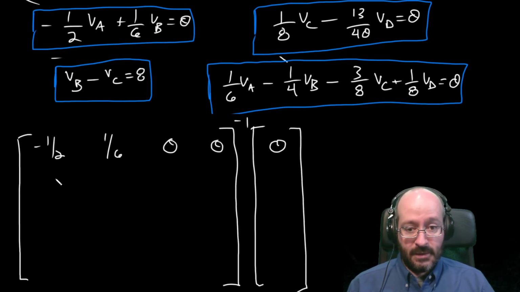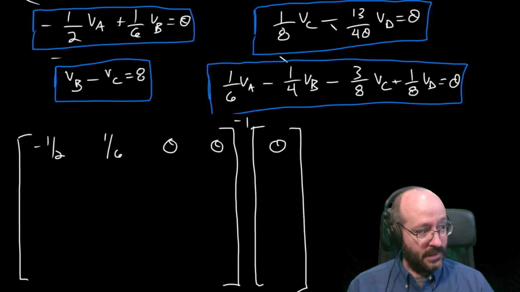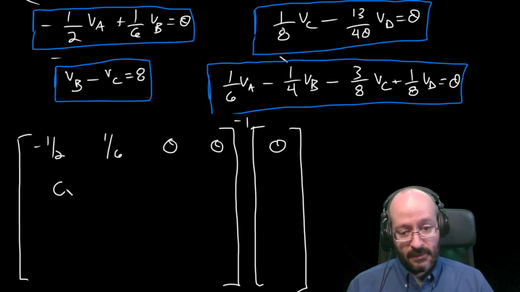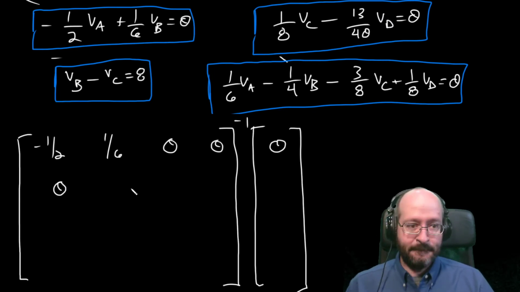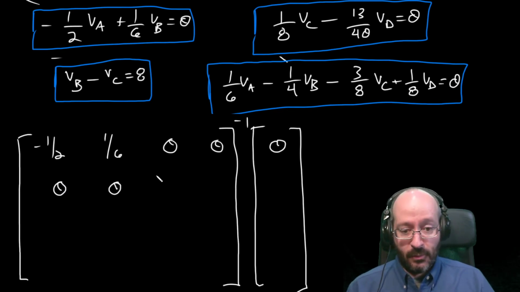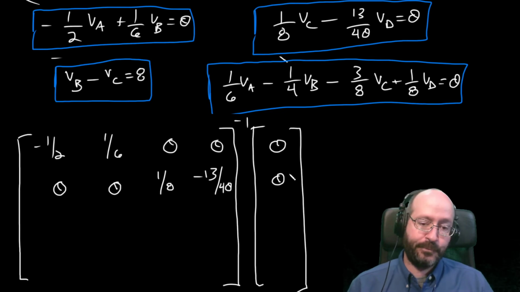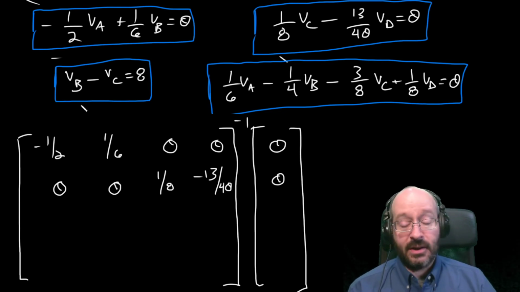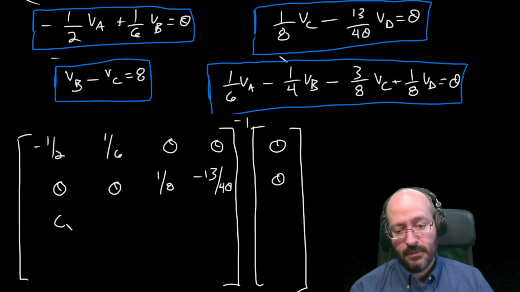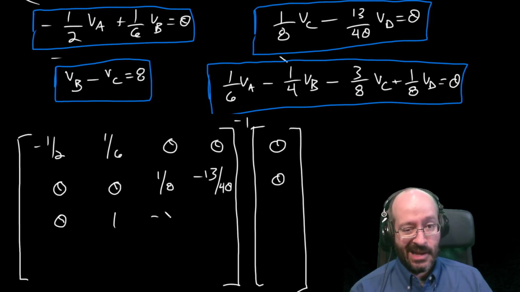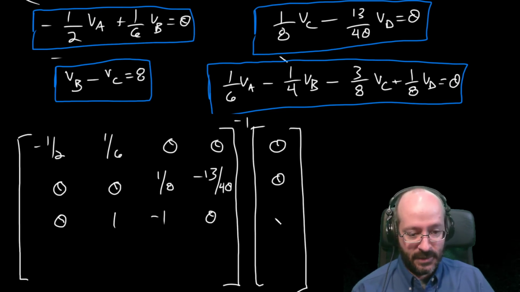All right. I'm moving over to this one over here, top right. 0 for VA, almost got you. 0 for VB, 1/8 for VC, and negative 13/40 for VD. Right hand side is 0. Okay. Bottom left over here, oh, here's our KVL. 0 because there is no VA, 1 because there is a VB, negative 1 for VC, 0 for VD, 8 on the right hand side.